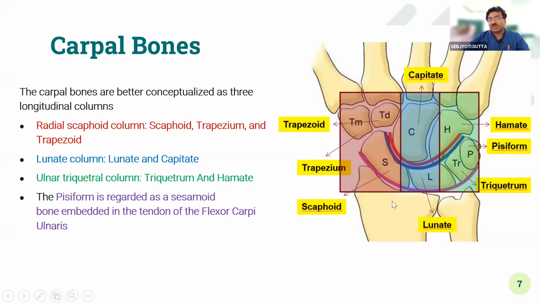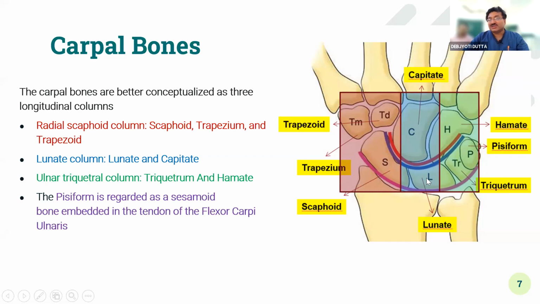If we look at the proximal row, we have 4 bones. What are those? Most radially, the scaphoid, then the lunate, then the triquetrum, then the pisiform. Here the most prominent bone we get in the proximal carpal row is not the scaphoid but the lunate.